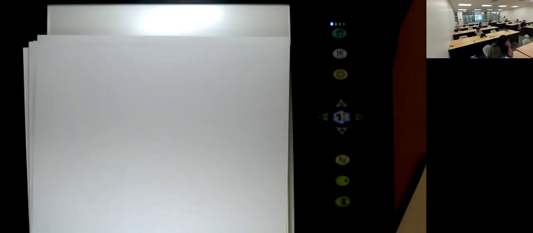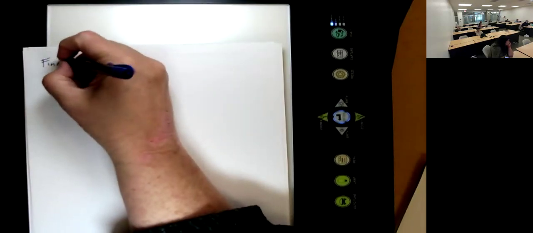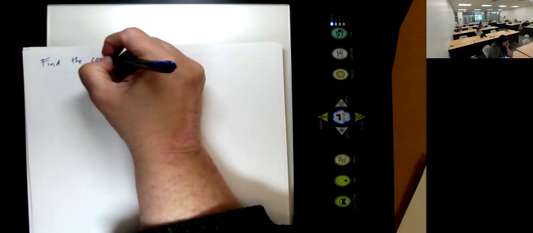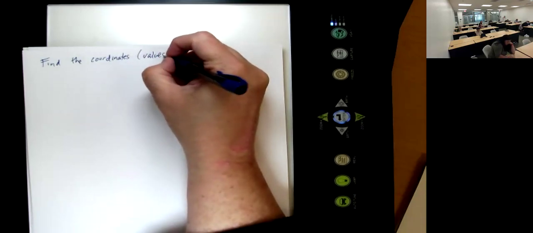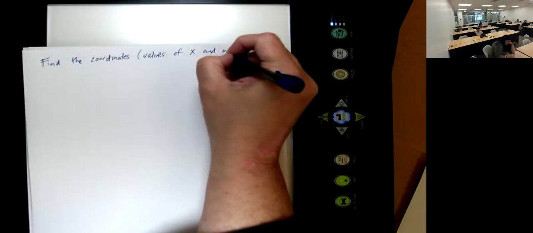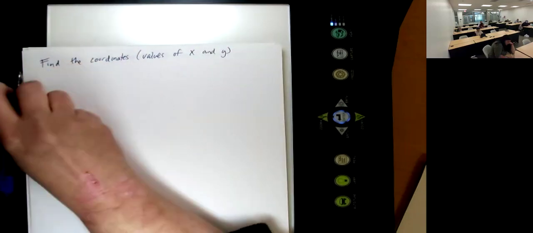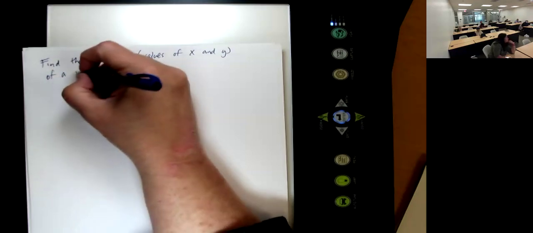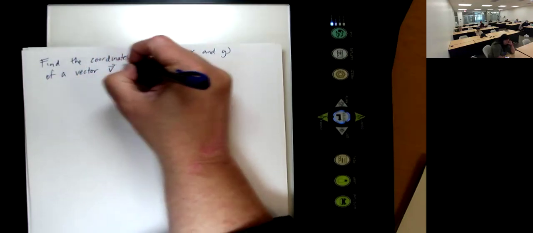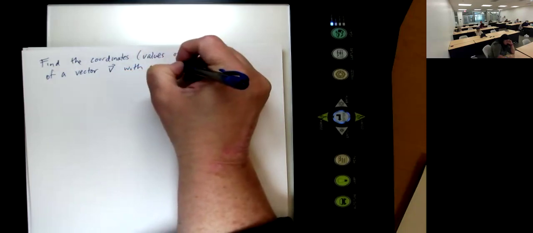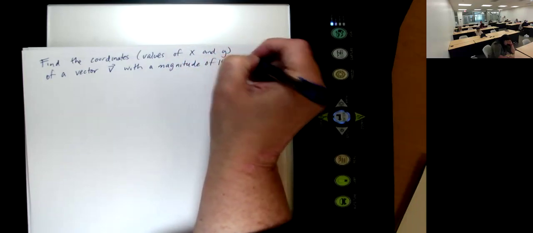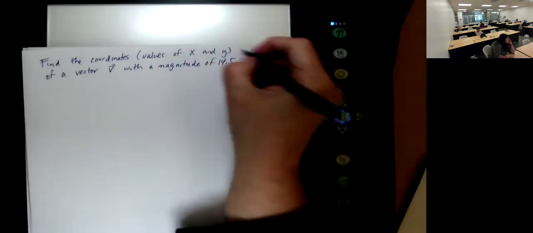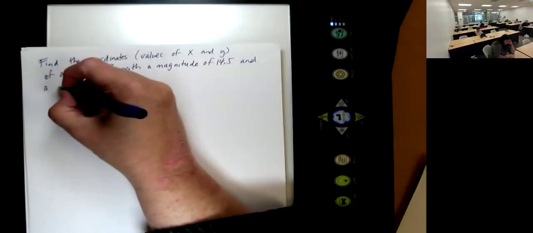Let's start with: find the coordinates, the values of x and y, of a vector v with a magnitude of 14.5 and a direction angle of 220 degrees.